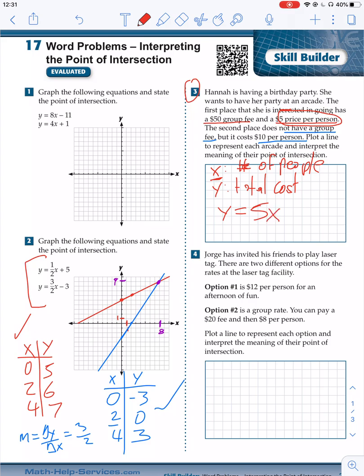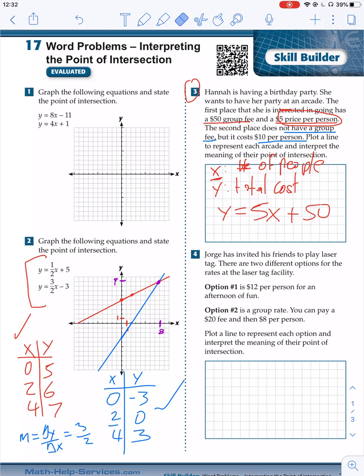If two people attend, she pays $10, and so on. But remember, there's also plus an initial fee of $50. Think of it as a reservation fee. If no one shows up, she still has to pay that $50, unfortunately.